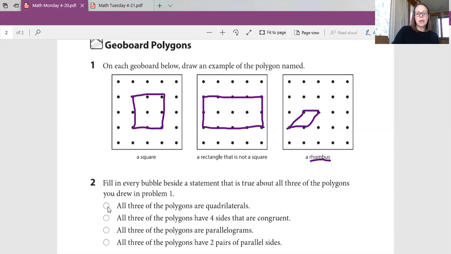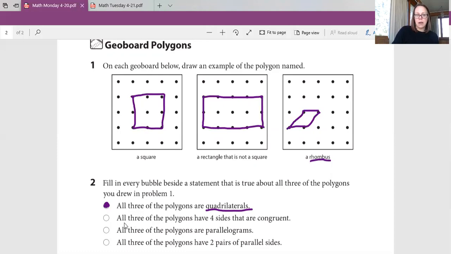So all 3 of the polygons are quadrilaterals. Remember what that word means. Are all 3 of those quadrilaterals? Yes, that statement is true because a quadrilateral has 4 sides.